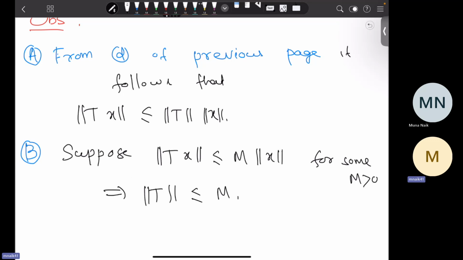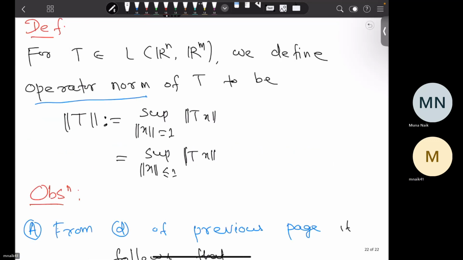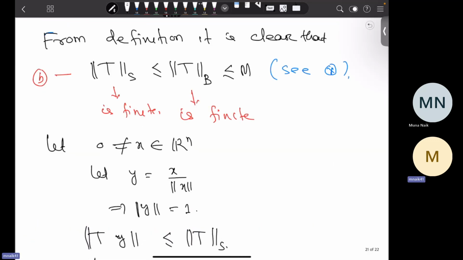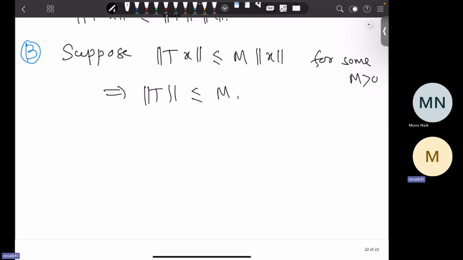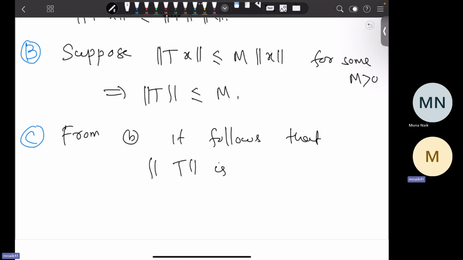Okay, so let us prove this. We have proved that from B, the norm of Tb is finite and the norm of Ts is finite. So from B it follows that the operator norm of T is finite.